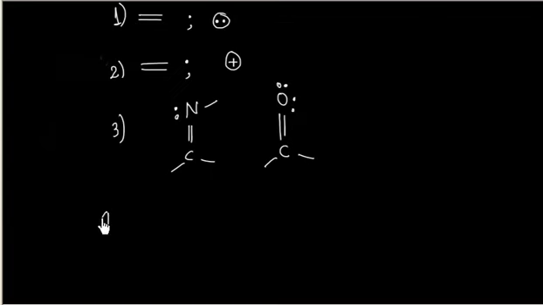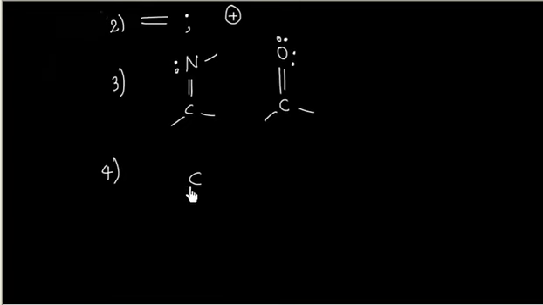And then we discussed the next pattern, that is adjacent positive negative charge, that is a lone pair and a positive charge. So we have adjacent positive negative charge.